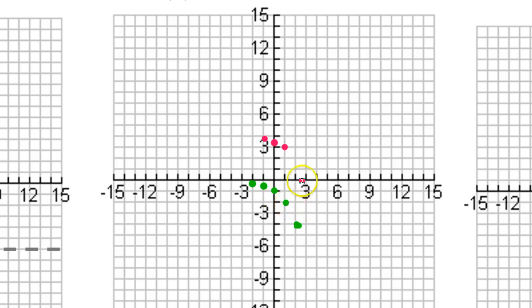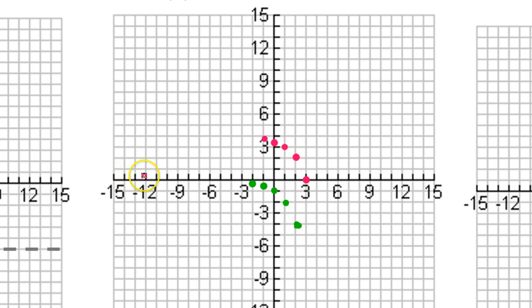Okay, and then this will be here, and this will be here. Alright, each point is moved right 1 and up 4. Like looking at this point, for example, if I went right 1 and up 4, then it's going to land right there. So that gives us this.